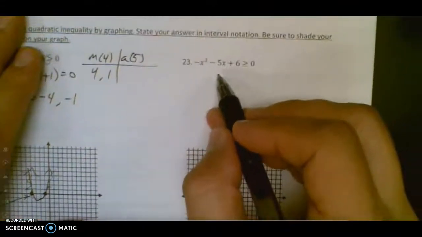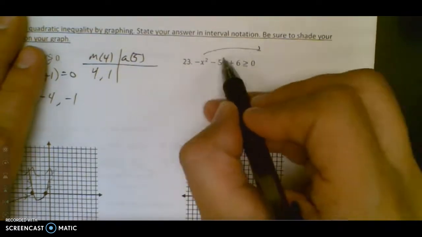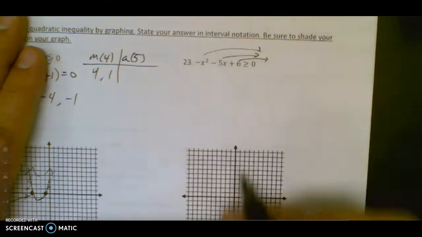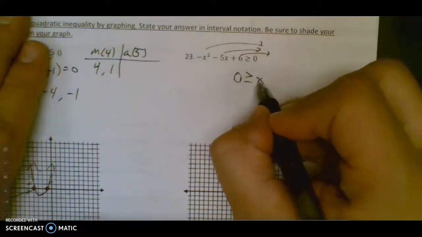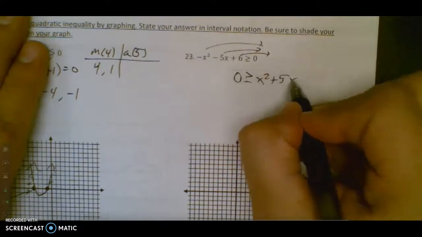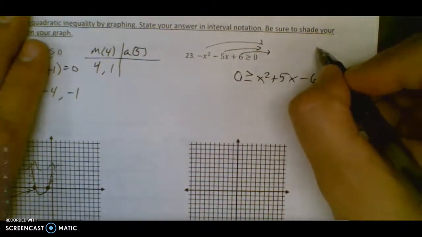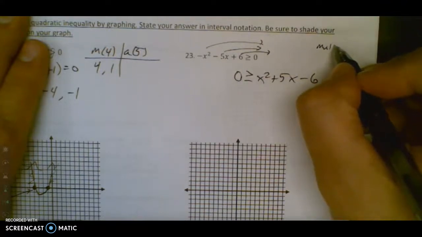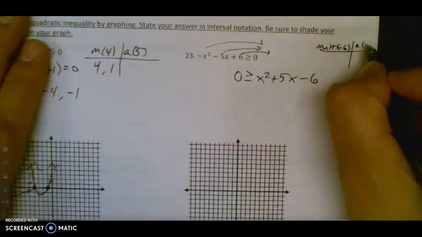Similarly, although I do warn you because I hate having a negative there, so what you'll see me do every time is take those all over and say x squared plus 5x minus 6. They all change signs. And then I can factor, I can say what multiplies to make negative 6 adds to be 5.